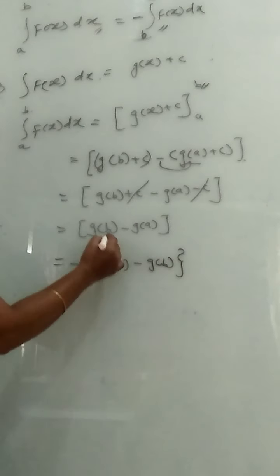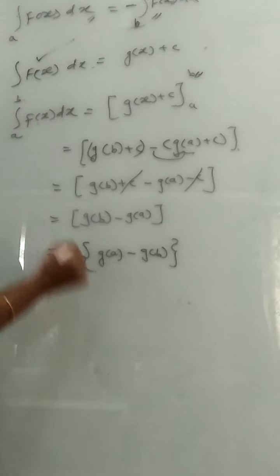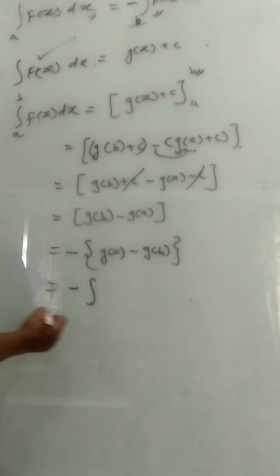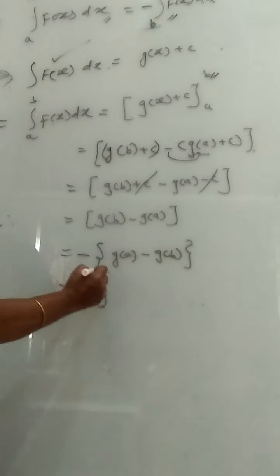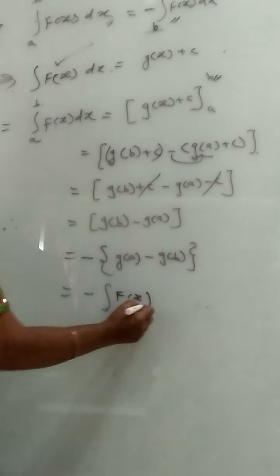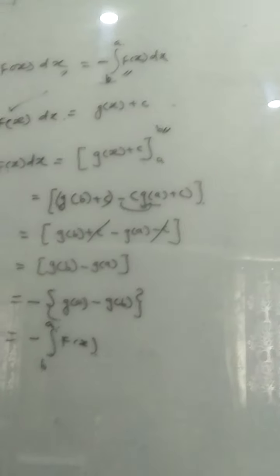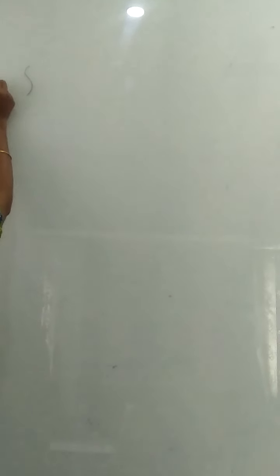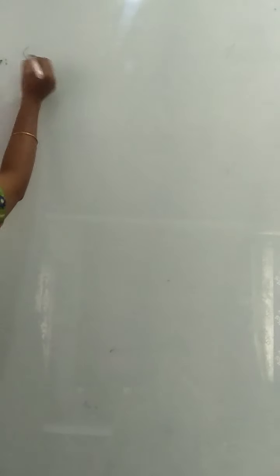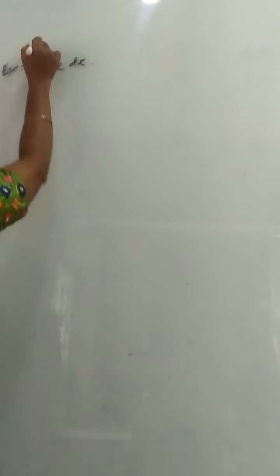We have to write this term in this way, and this is the function f of x, minus integration of f of x with limit b to a. Okay, b to a. Hence we prove our property. We have to see one example on this property, that is example 1, integration of x dx from 1 to 3.